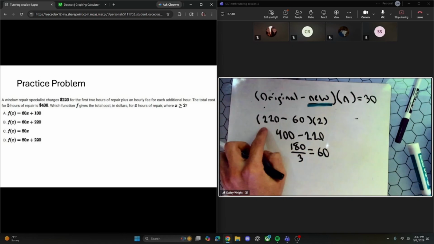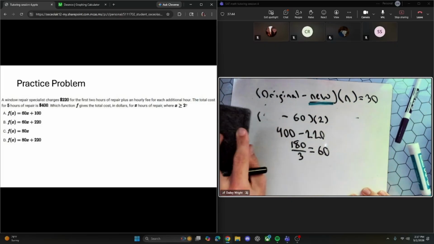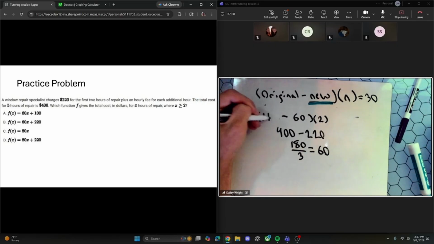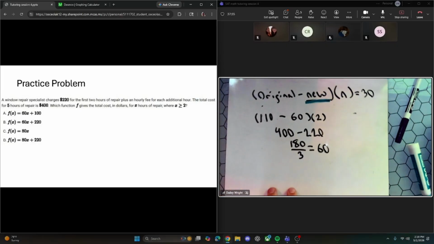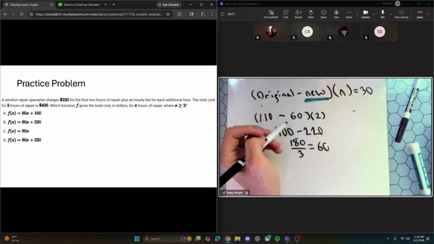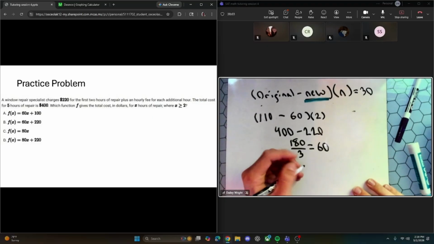And also the original price isn't 220. I'm wrong about this. It says 220 for the first 2 hours. 220 divided by 2 is 110, because it's 110 per hour, not 220 per hour. So you have your 60, which is your new price.